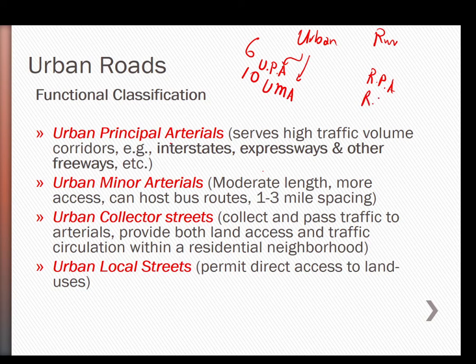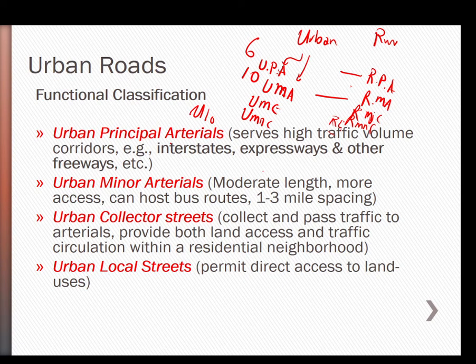So now we have 4, right? 2 here, 2 here. Then collectors, and we have 2 types: urban major collector and urban minor collector, rural major collector, rural minor collector. So now we have 1, 2, 3, 4, 5, 6, 7, 8, and finally urban locals and rural locals.